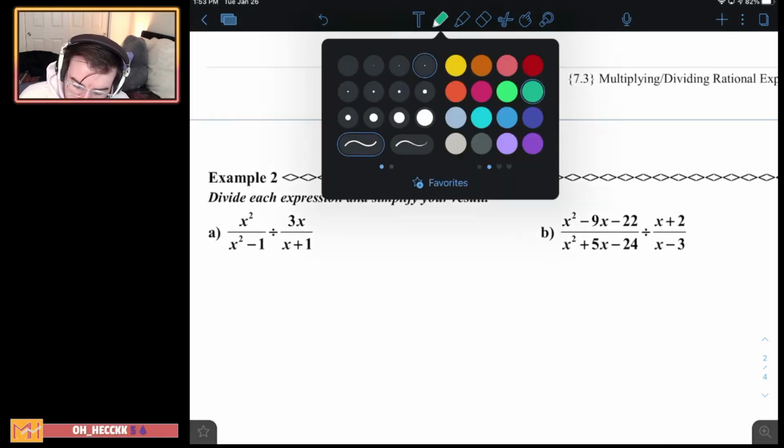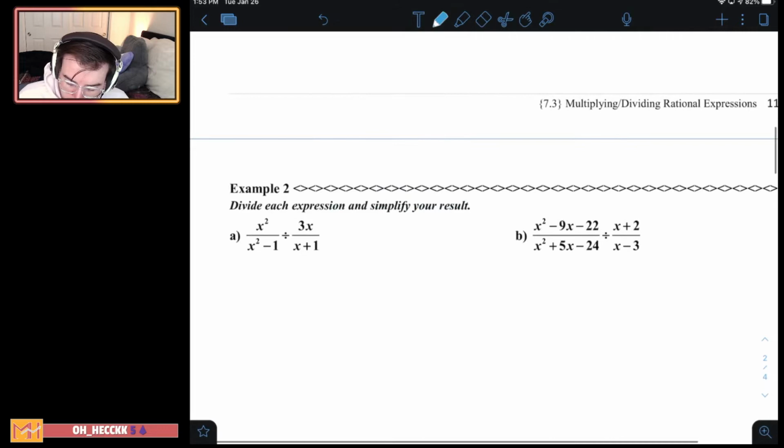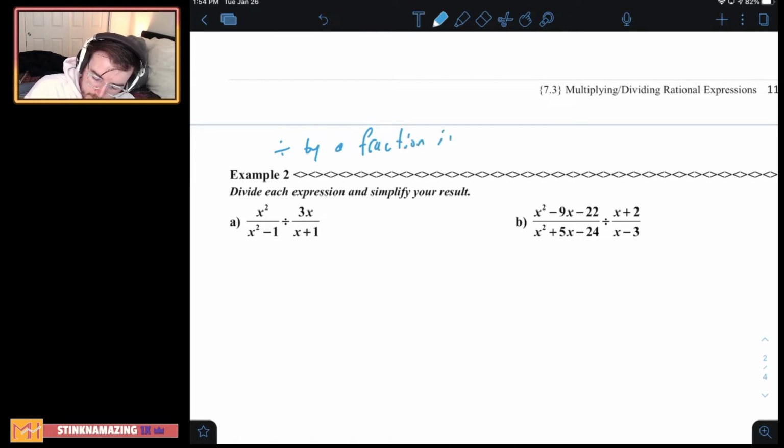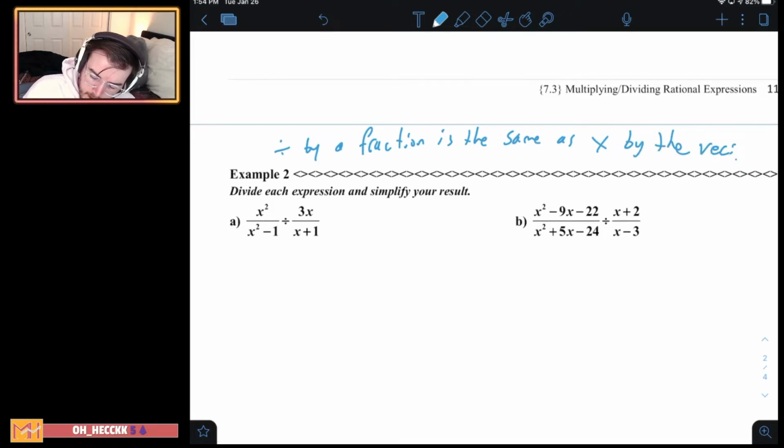So, switching gears a little bit, and we're doing division. When you divide by a fraction, that's the same thing as multiplying by the reciprocal.